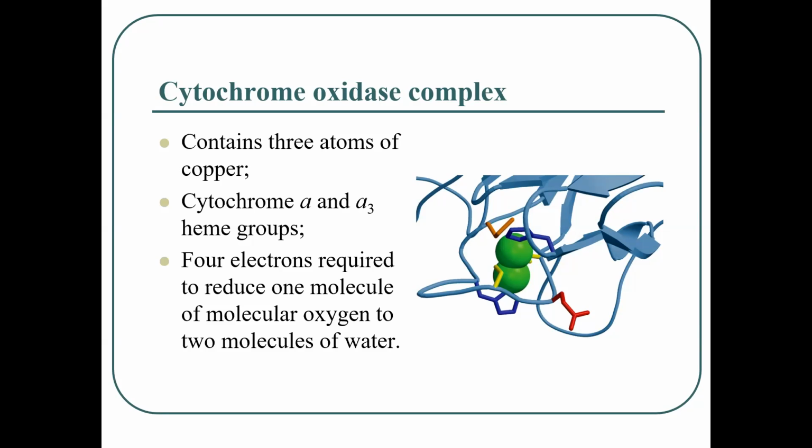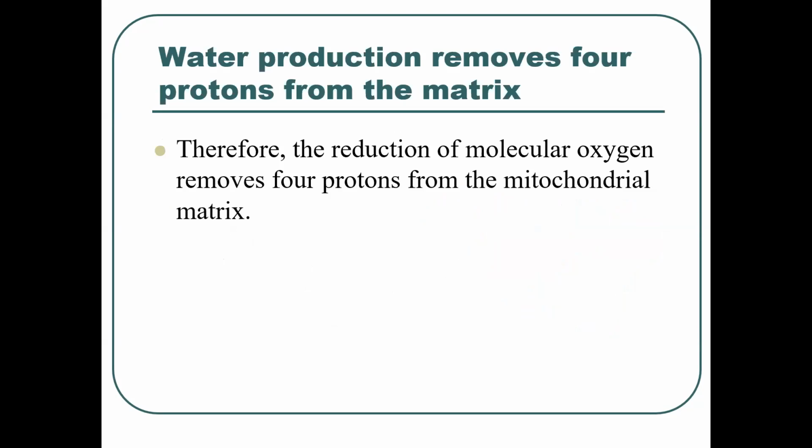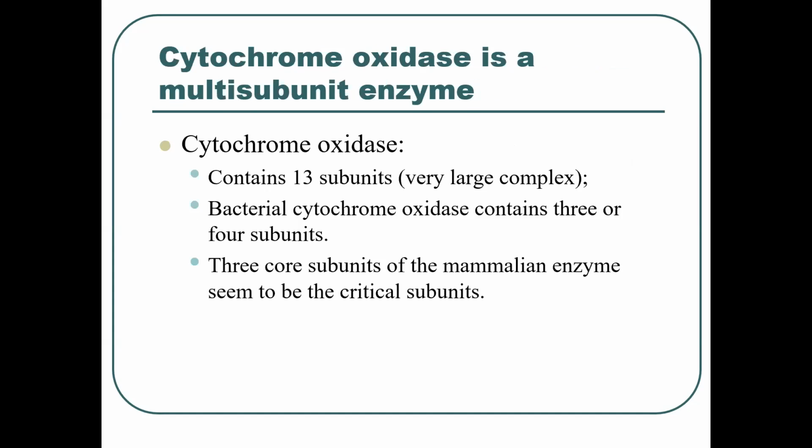That shouldn't be too surprising, given that 2 molecules of water will have 4 hydrogens between them. The production of water further removes hydrogen ions from the matrix. This creates a disparity of charge, pH, and concentration on opposite sides of the mitochondrial membrane.